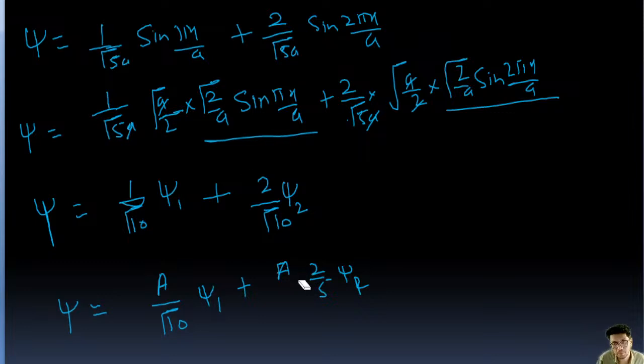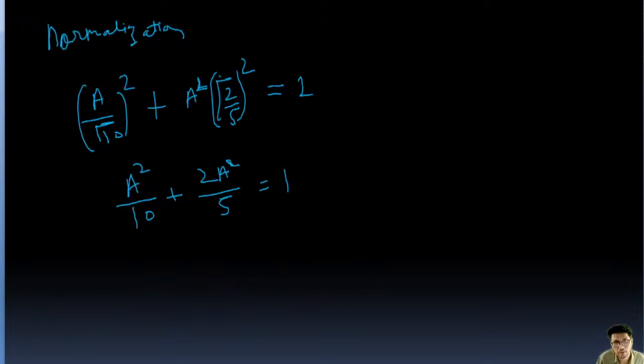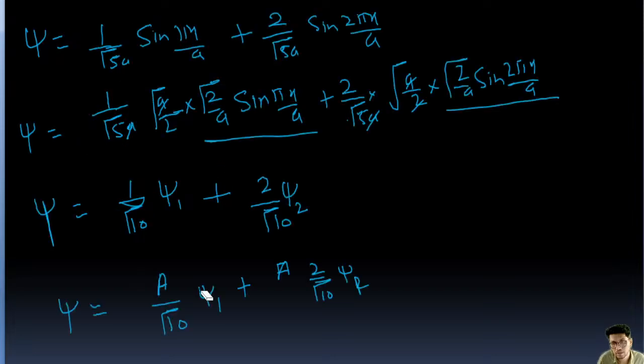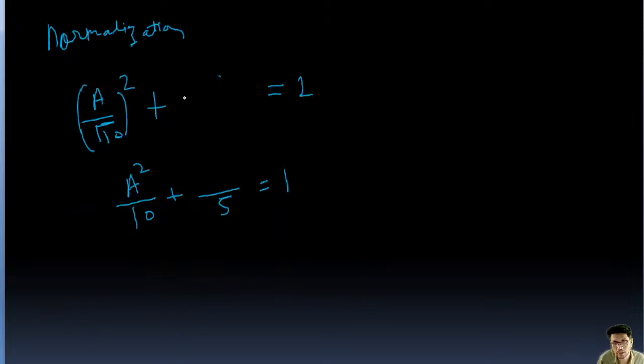So this is going to be a into, so this whole square: a square into 2 upon root 10 whole square equal to 1.